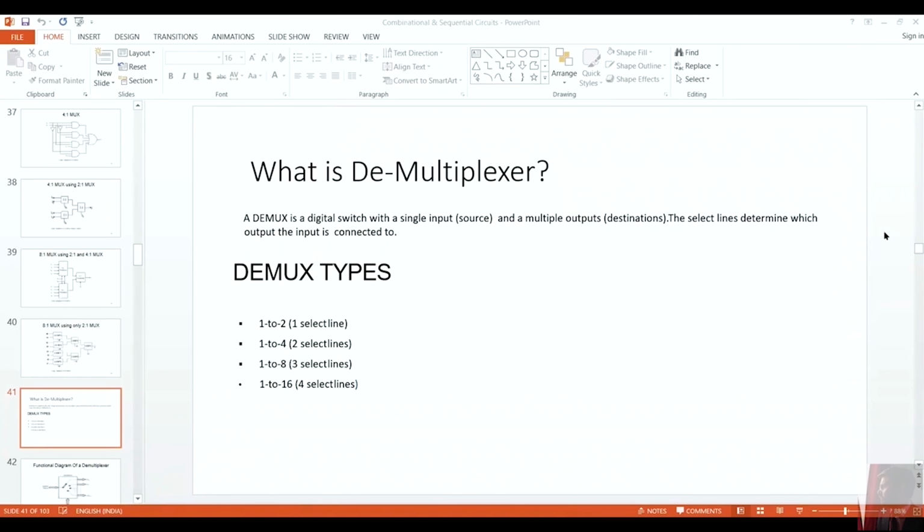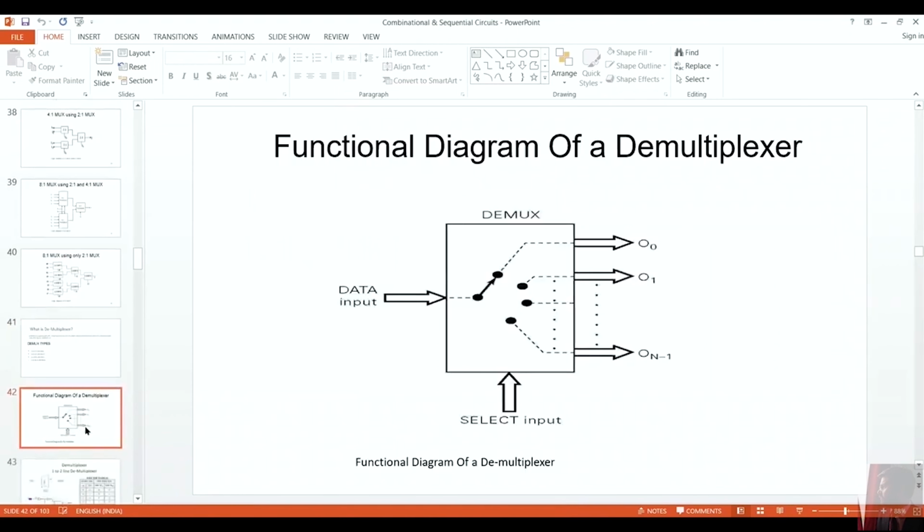So this is how we are making a demux and mux. We were discussing the demux. I already discussed that it depends on the number of select lines. So you can see 8 is 2 raised to power 3, and 1 to 16 means 4 select lines, right? This we already know. You can see the function diagram of the demultiplexer, in which the input is 1 and the outputs can be many.